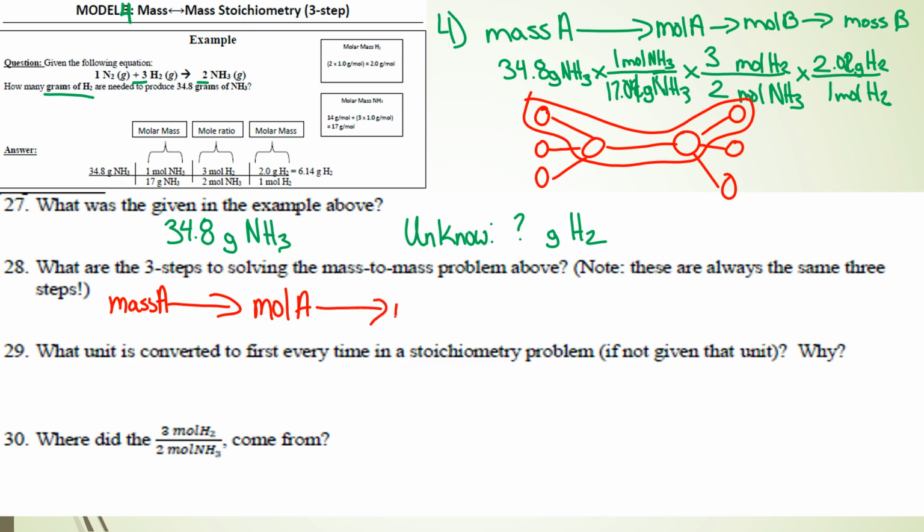Step 2 is mole of A to mole of B. And then step 3 is mole of B to mass of B. All right, the way that I get there, 1 mole over the molar mass over here is going to be mole B over mole A. And then here, it's molar mass over mole.